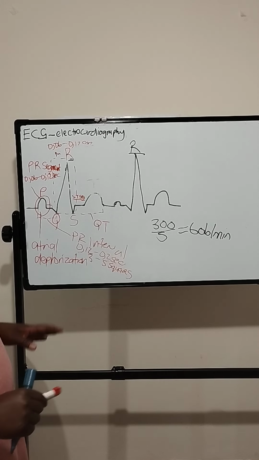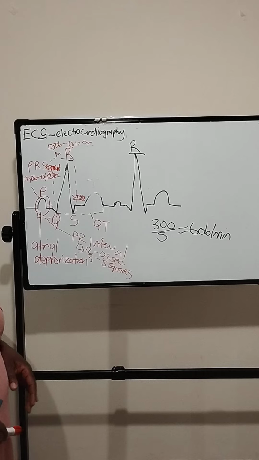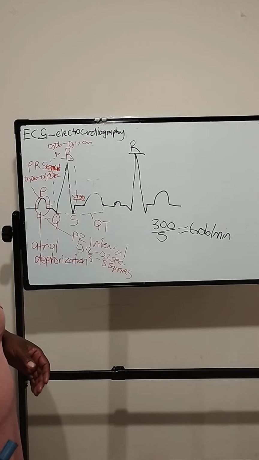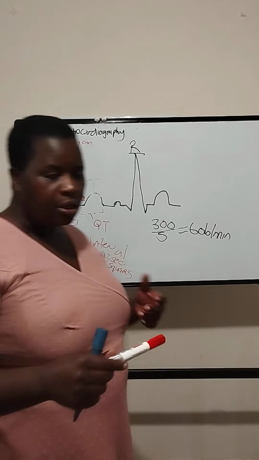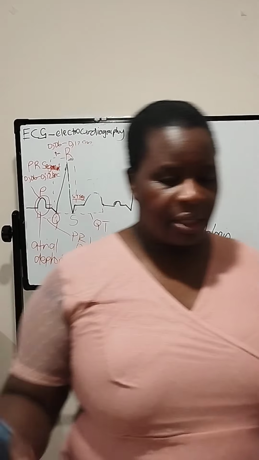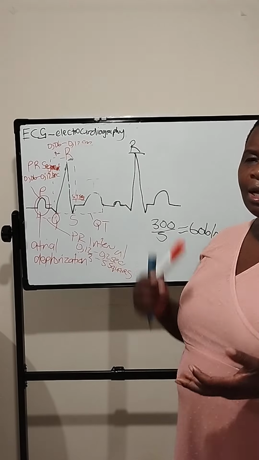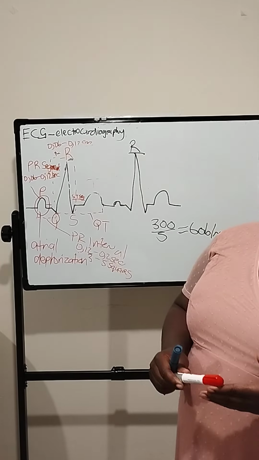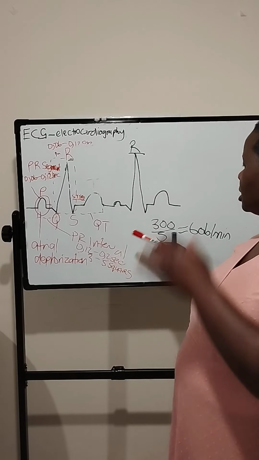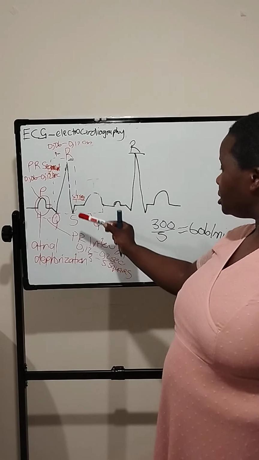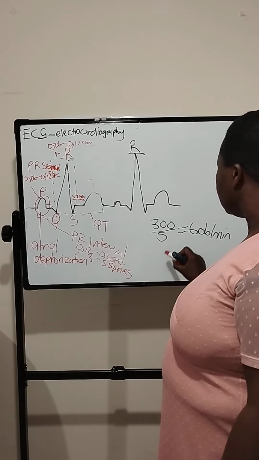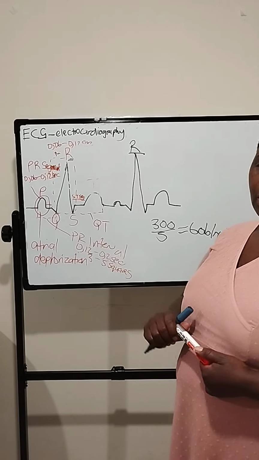So I hope you have understood my video about a normal ECG and its components P, Q, R, S, T, and the intervals, the time intervals I had also incorporated in my video.